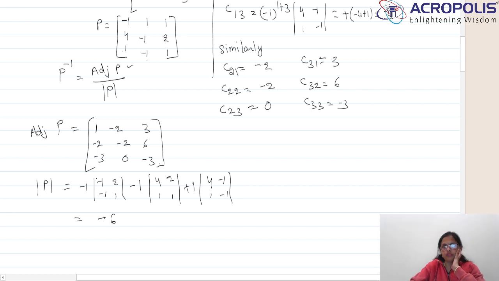So our P inverse is equal to the adjoint of P divided by the determinant. The adjoint of P is 1, minus 2, minus 3, minus 2, minus 2, 0, and 3, 6, minus of 3.